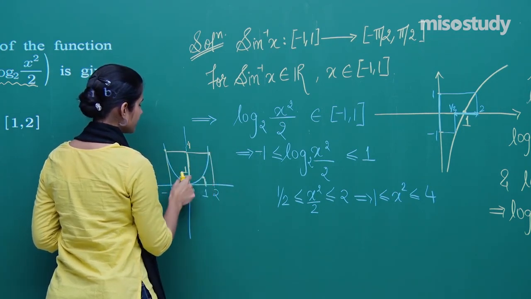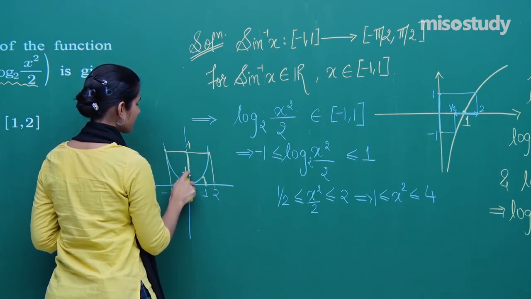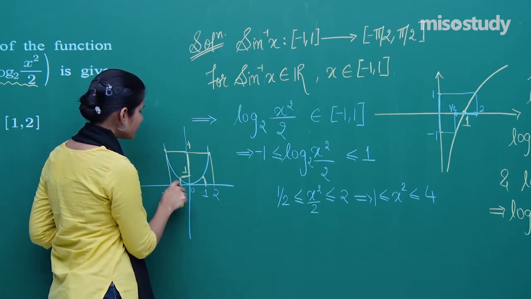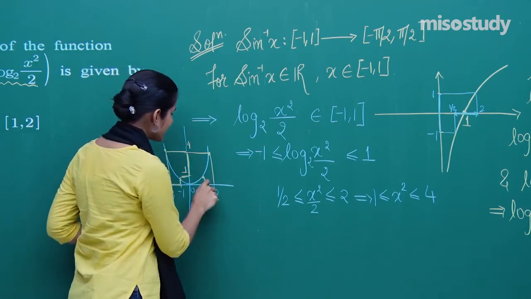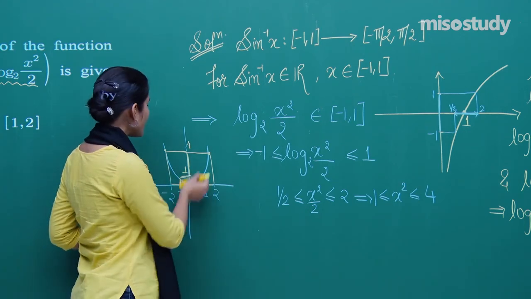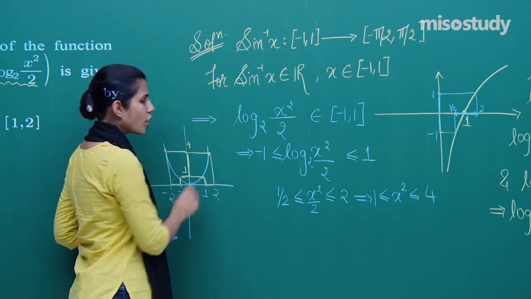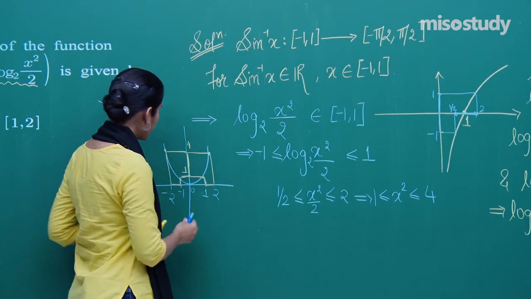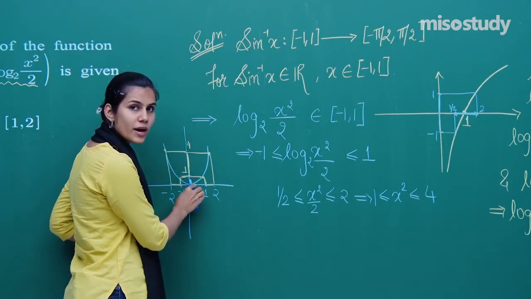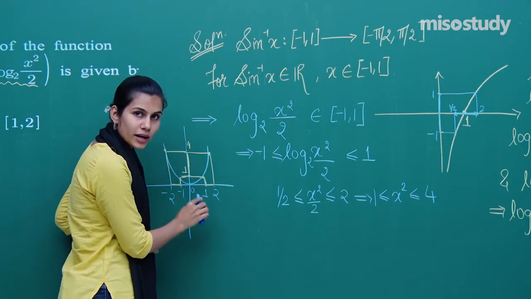Well, if x is between minus 2 and minus 1, and x is between 1 and 2, only in that case x square will be from 1 to 4. Because if x falls greater than minus 1, then x square will be less than 1.